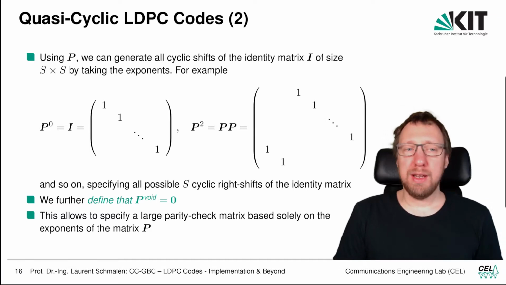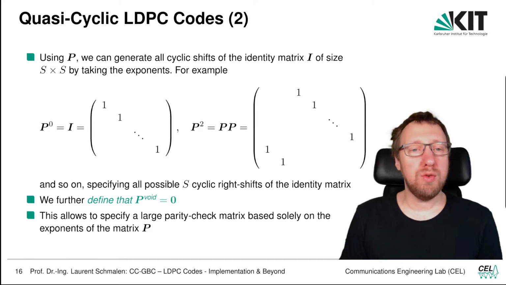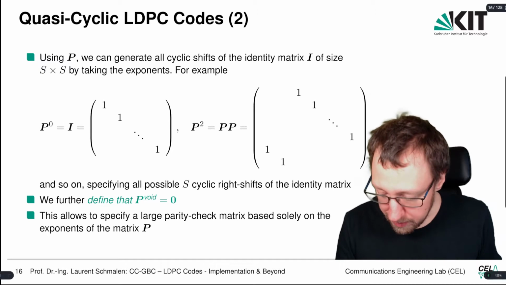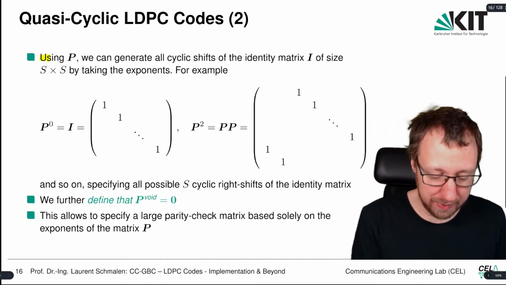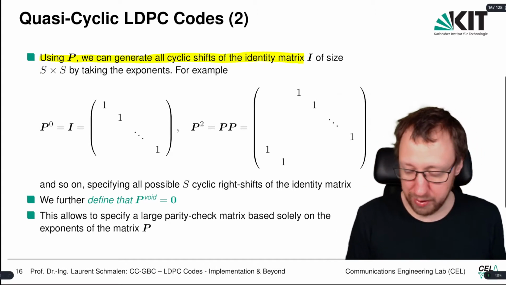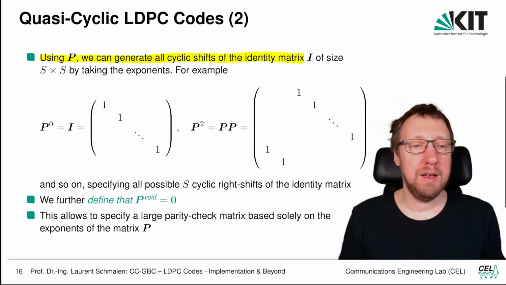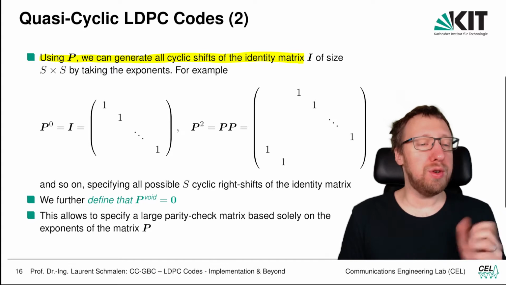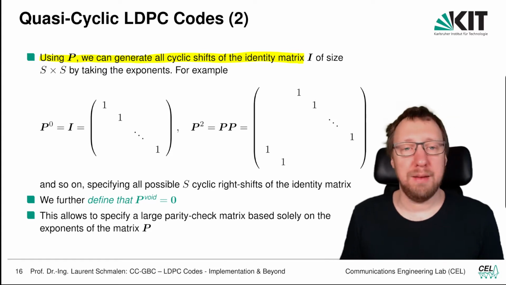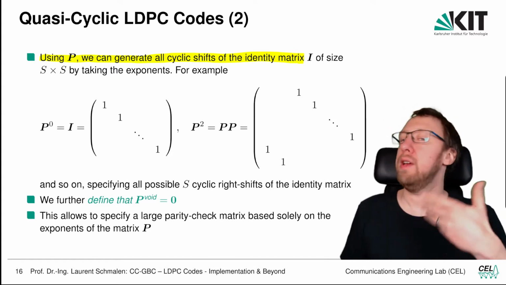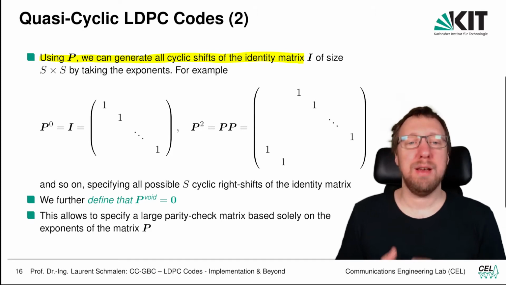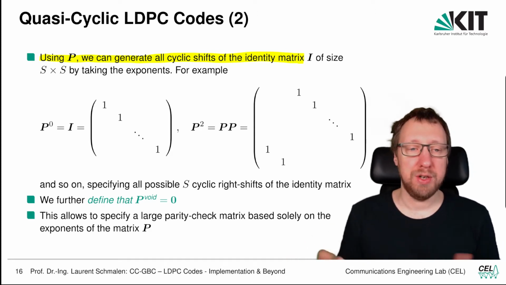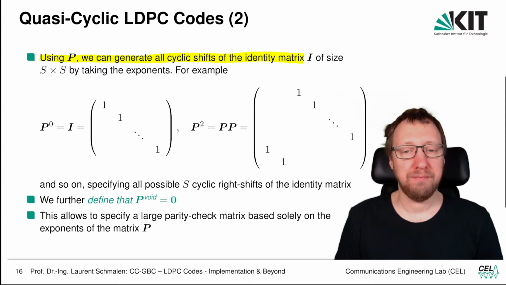With this matrix P, we can generate all the possible cyclic shifts of the identity matrix. How can we do this? If we take P to the power 0, that's the identity matrix. Something to the power 0 is 1, and the same for matrices: a matrix to the power 0 is by definition the identity matrix.